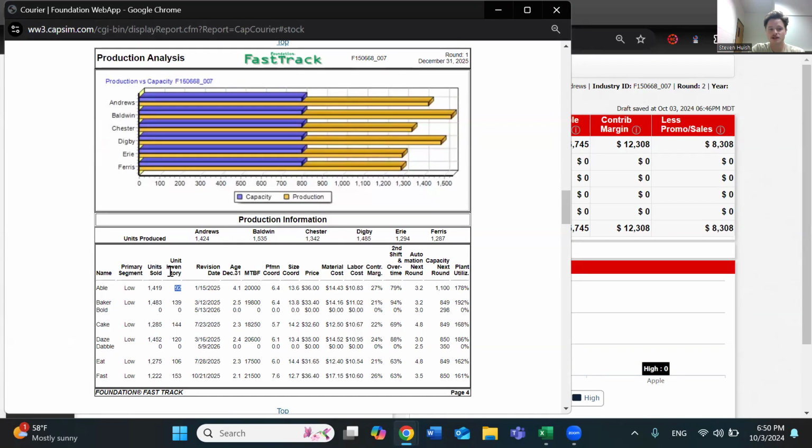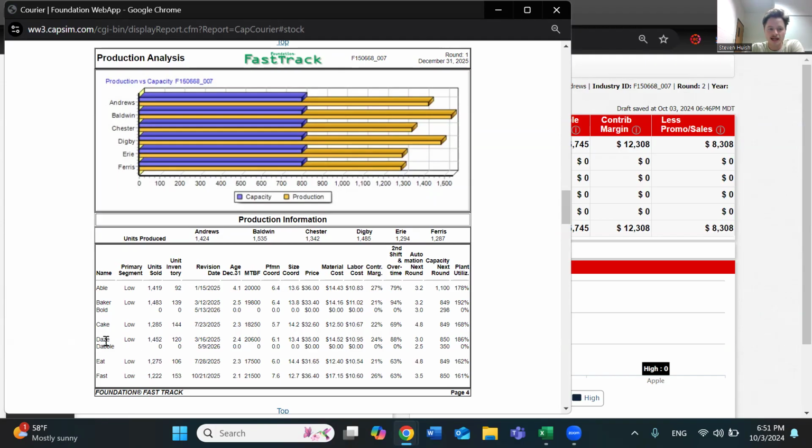So I need to take that into account for this round. You can see that everyone else also did their own forecasts, and they were also over forecasting by a couple hundred each. You need to keep into account in your forecast your competition, how much they are producing, and new products that are entering the market.